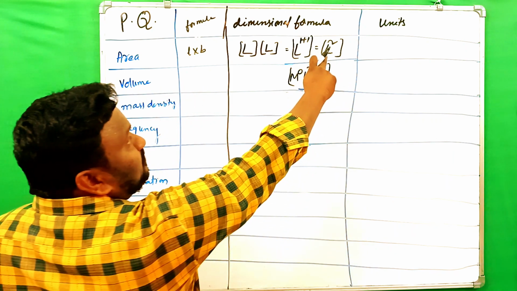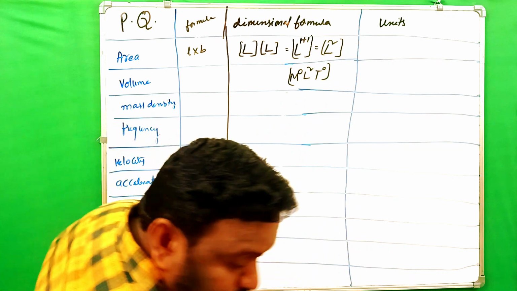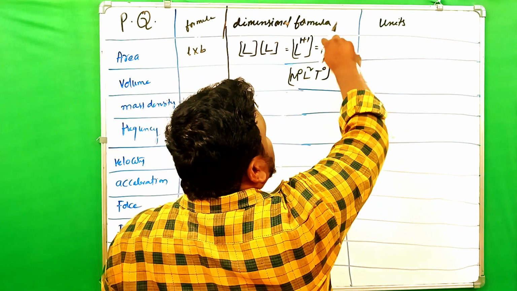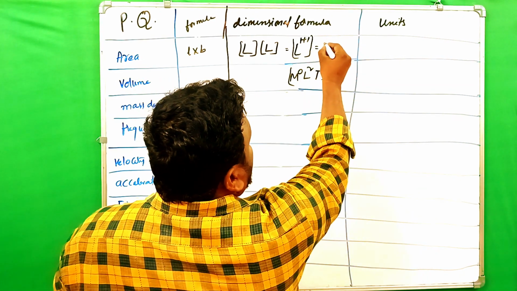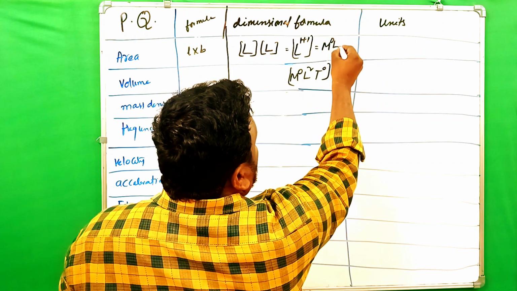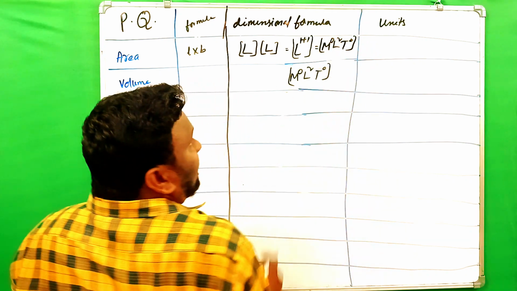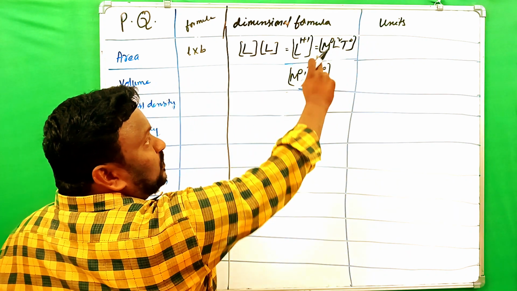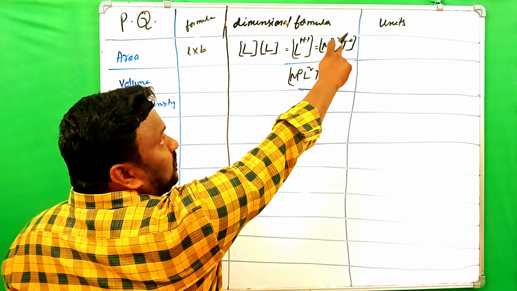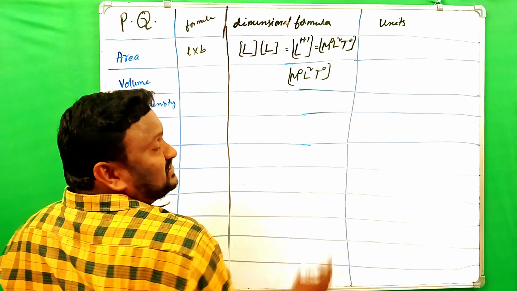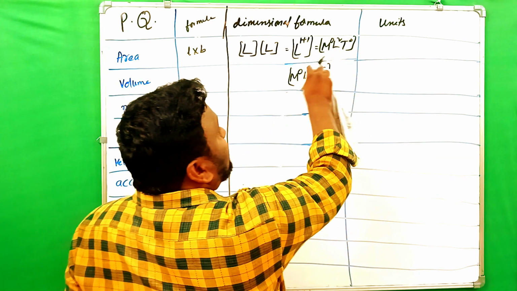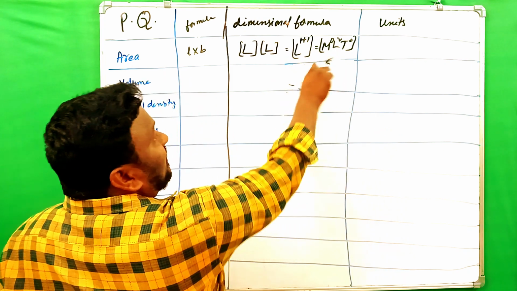So the dimension formula is in terms of m to power of 0, L square and t to power of 0. So in this one, the dimension of mass is what? 0. Dimension of L is what? 2. Dimension of t is what? 0. Clear? So that is the dimension formula of area.